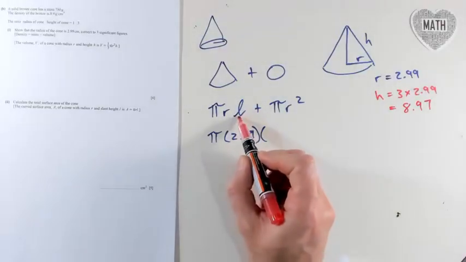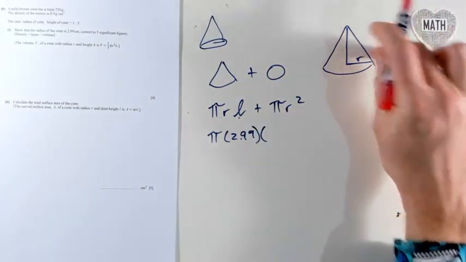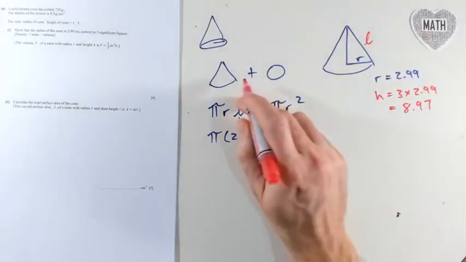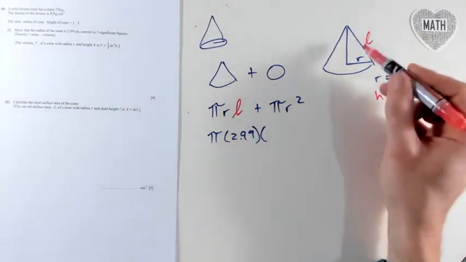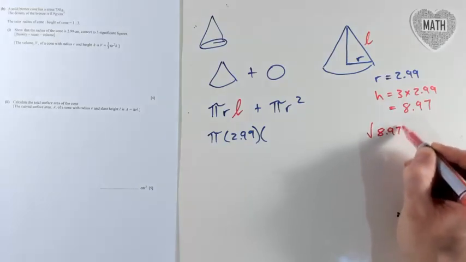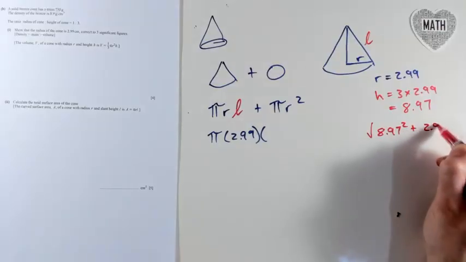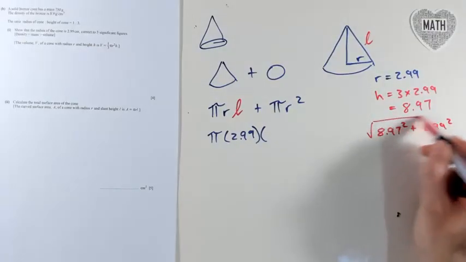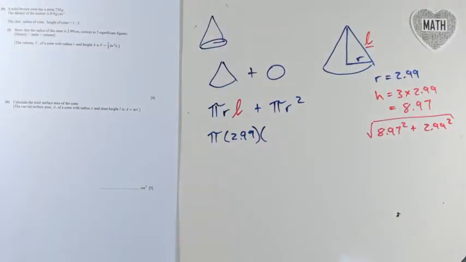So for this, let's just color code this. This is the L, that is this L, slant height. And to work that out, it's just Pythagoras, right? So it's basically going to be the square root of 8.97 squared plus the radius 2.99 squared. So I can put all of this in here.